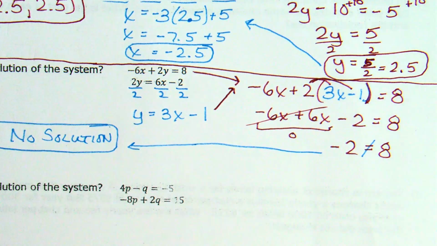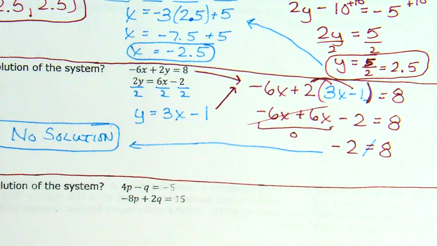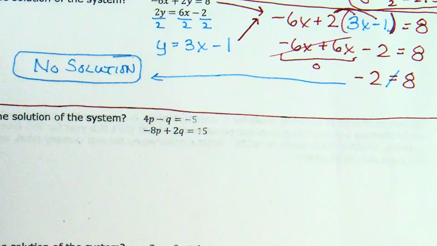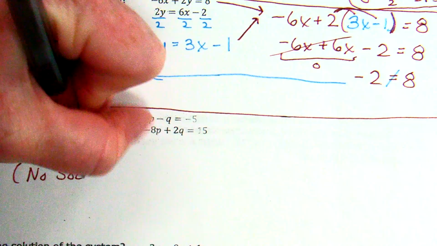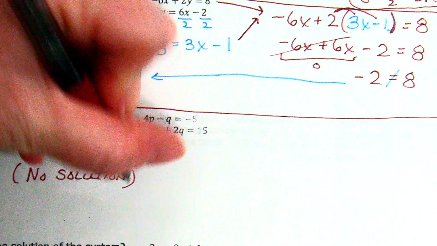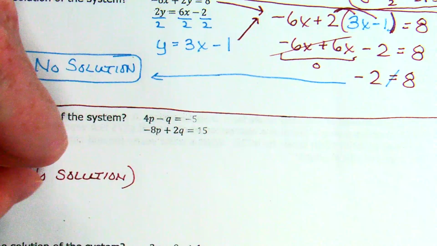If you guys are okay with what we just did, we can skip the next example. Because if anyone's already worked it, I will tell you the next one also comes out to be no solution. So if you want to see an idea of how that works, you can. I do, however, want to do the bottom one.